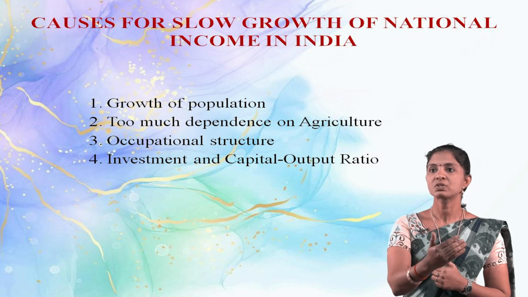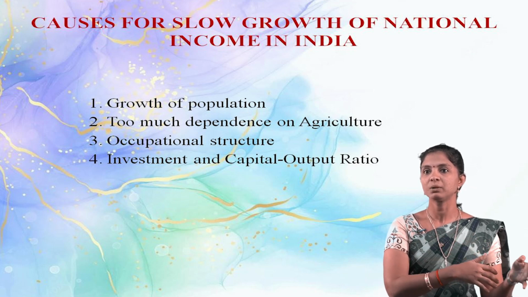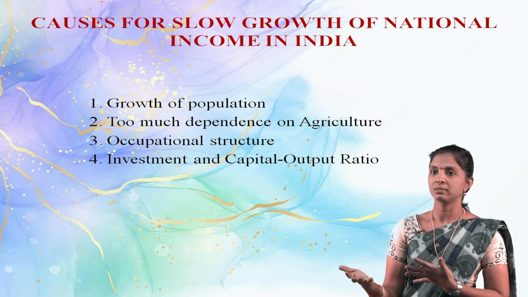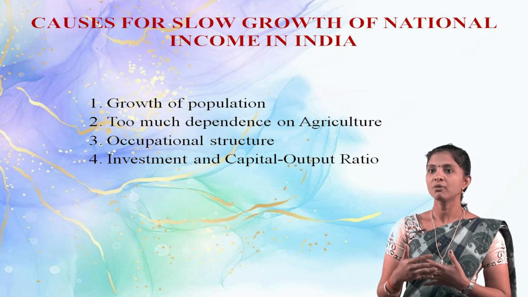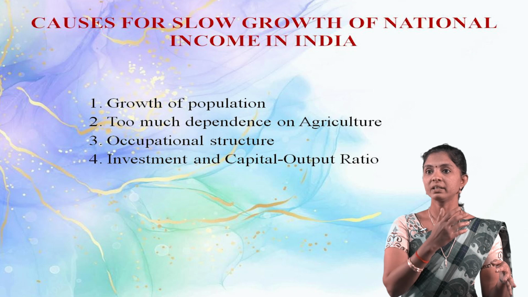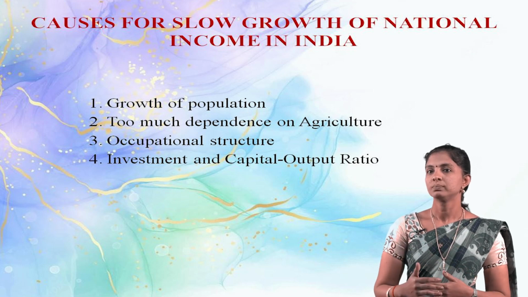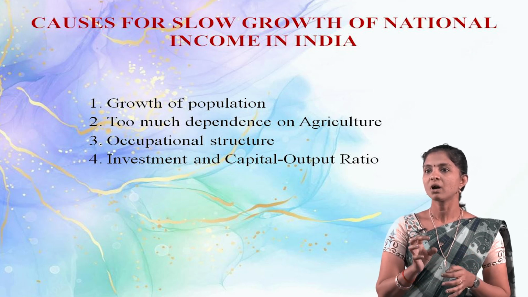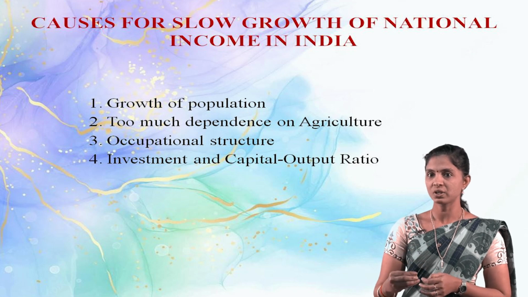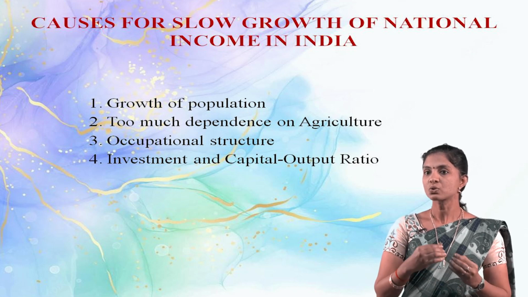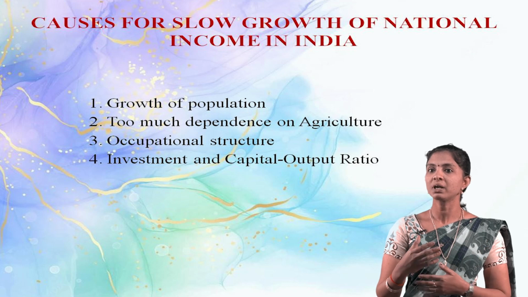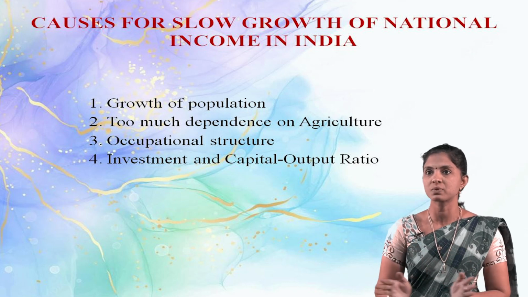The increase in national income is eaten away by the progressive increase in population. Consequently, the growth in national income is either static or very slow. To solve this problem, there is a need for effective reduction of population increase through the efficient implementation of family limitation programs.